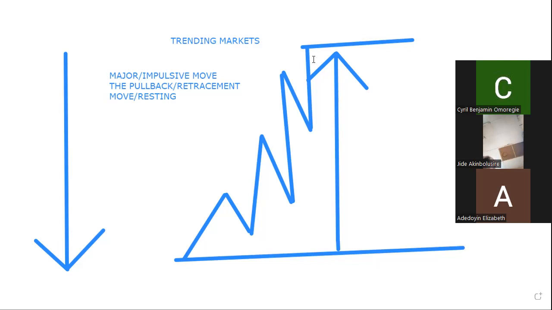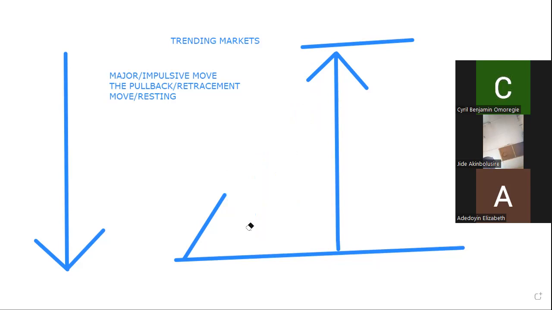Sell. Good. So what we are simply trying to say is, in an uptrend, even though the direction is facing up, even though our goal is to buy, we will always find buyers and sellers in that uptrend, because one of them is going to be the major move and the other one is going to be the pullback move. Do I make sense?